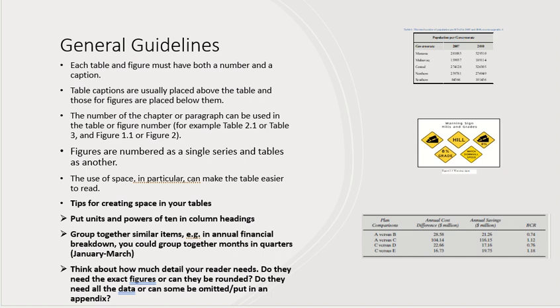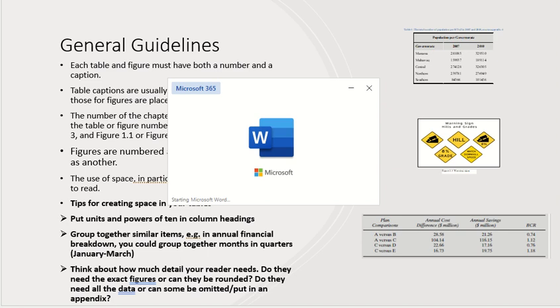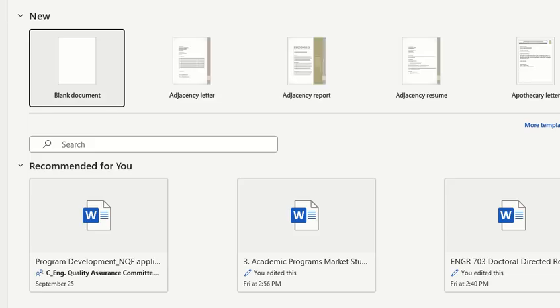Now we talked about figure and table numbers, right? We can do this using MS Word as well. You don't have to worry about where you are putting the table or the figure. Sometimes it happens, I wrote the report and I already have 10 figures in the chapter, but now I remembered I forgot something, so I have to add it.